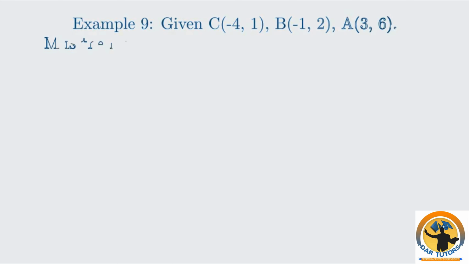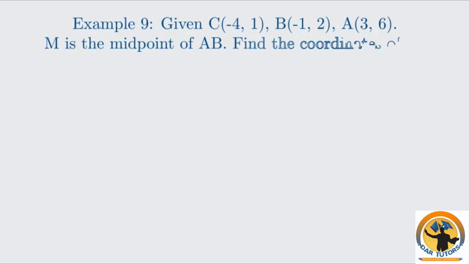Suppose we have a triangle with vertices C (minus 4, 1), B (minus 1, 2), and A (3, 6). Let M be the midpoint of the side AB. We want to find the coordinates of M. We use the midpoint formula, which states that the position vector of M is the average of the position vectors of A and B. So m equals 1/2 times the quantity a plus b.